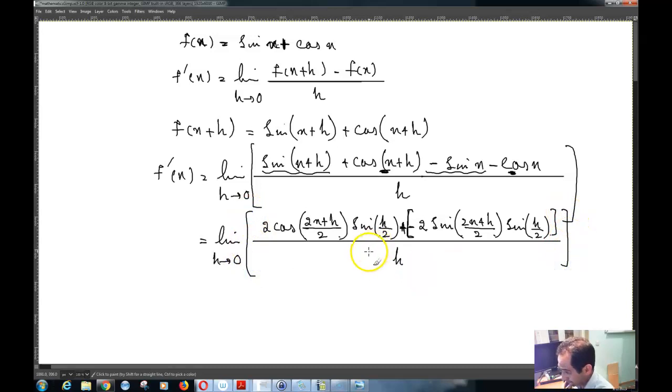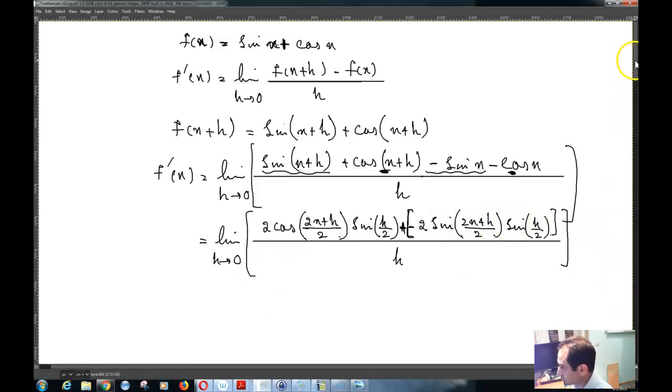Now here you have 2 times cos of 2x plus h divided by 2 times sine of h divided by 2, and sine of h divided by 2 times sine of 2x plus h divided by 2. So I can take a 2 times sine of h divided by 2 out.